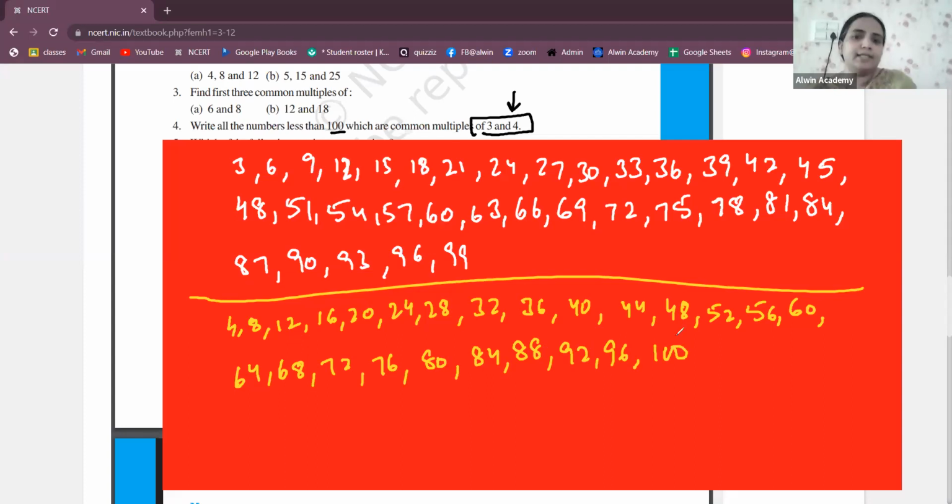Right, beta? But उन्होंने less than 100 बोले तो we cannot include 100. They have told us to list it less than 100, no? So I cannot take 100. Okay. Now look for the common ones quickly.